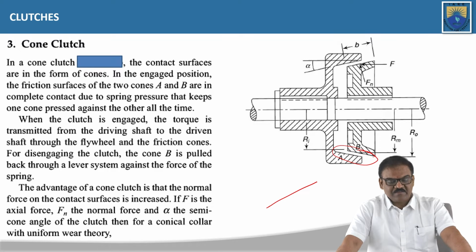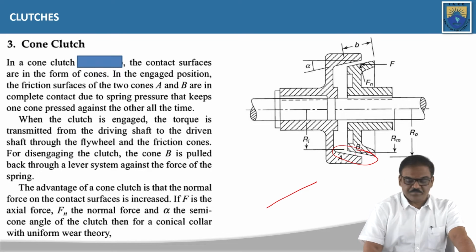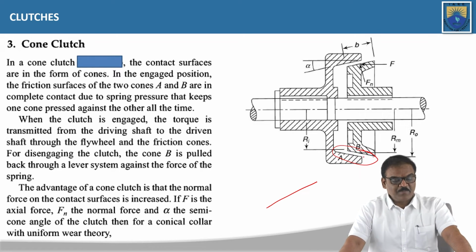In a cone clutch, the contact surfaces are in the form of cones. In the engaged position, the frictional surfaces of the two cones, A and B, are in complete contact due to spring pressure that keeps one cone pressed against the other all the time.